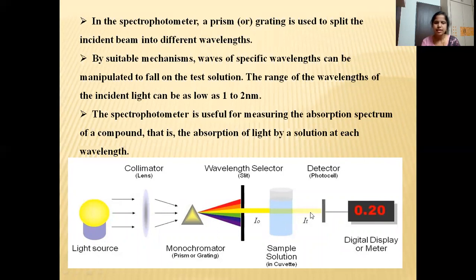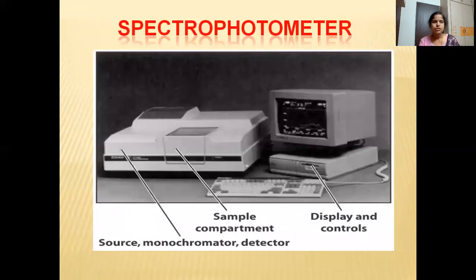The transmitted light is detected by the photocells and displayed on the spectrophotometer. This is the spectrophotometer sample compartment. If we open it, we can find the compartment for placing the samples. The source, monochromator and detectors are here. This is the display and controls.